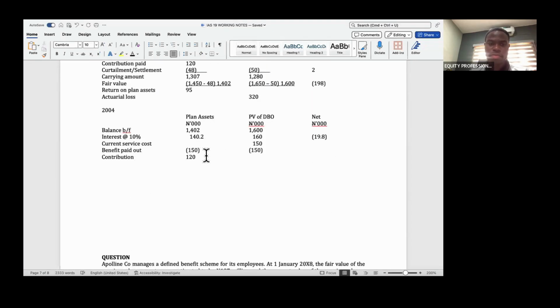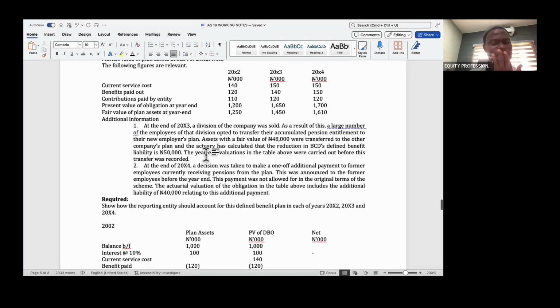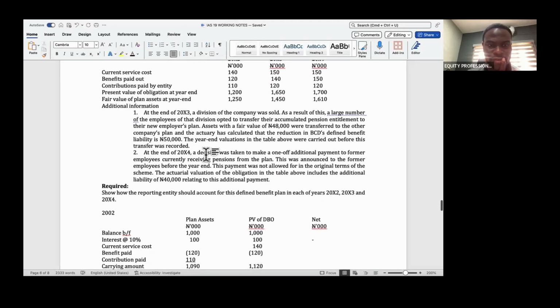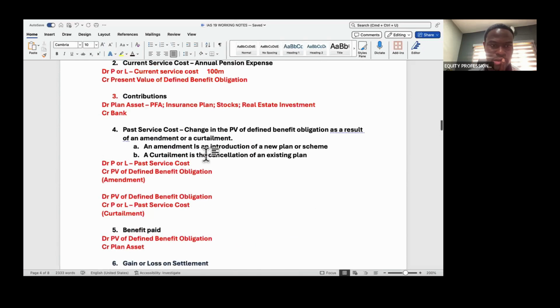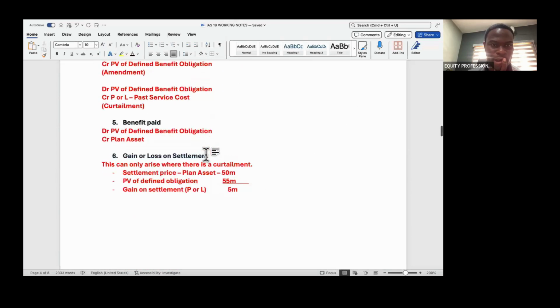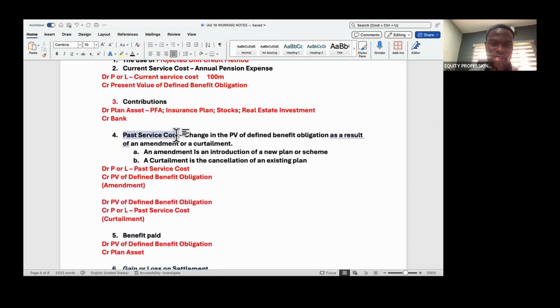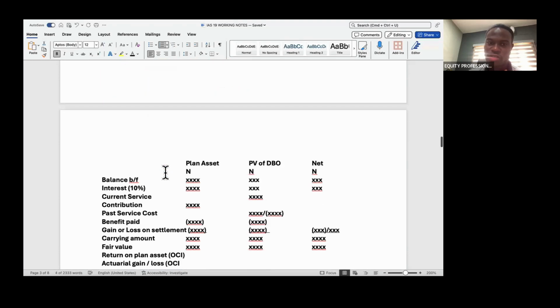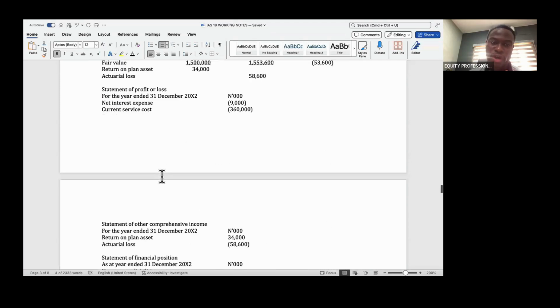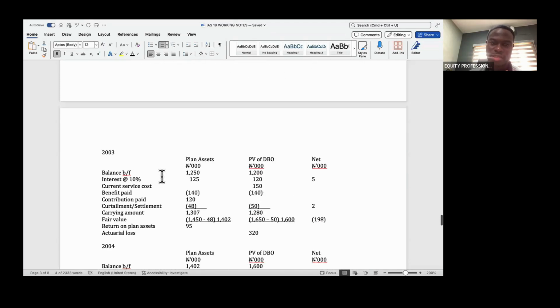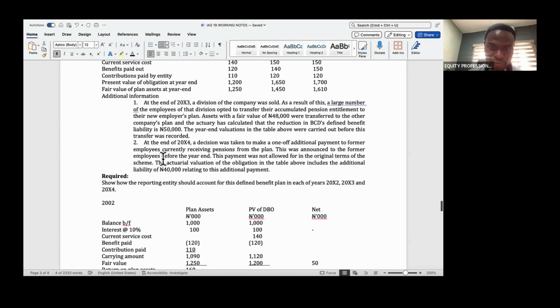So, if it's an amendment, if you remember, where is it? Yeah, past service cost. I say past service cost is a change in PV of defined benefit obligation as a result of an amendment or a curtailment. So that means this is actually a past service cost because it's resulting from an amendment.